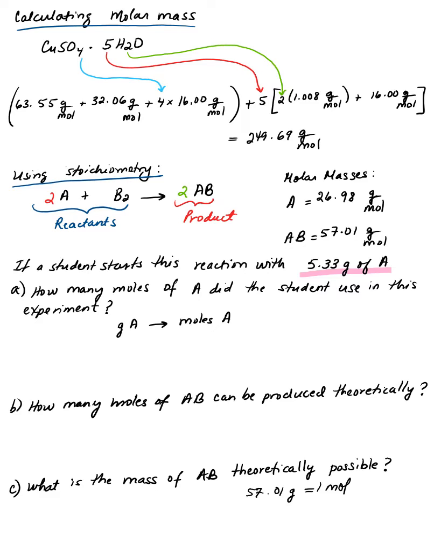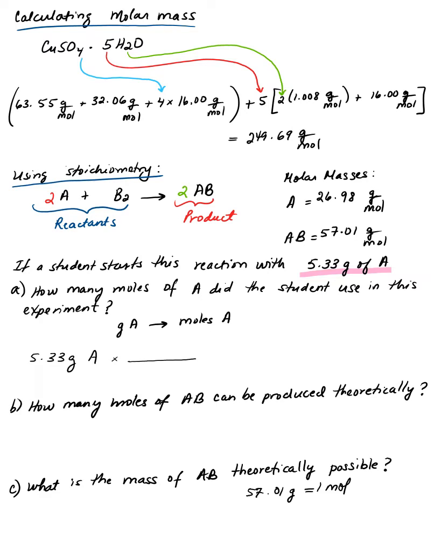there's always the same thing. We always do the same thing. Converting grams to moles means that you have to divide by the molar mass. So you have 5.33 grams of A, and you want to know the equivalent amount in moles for 5.33 grams of A. So I'm starting with the given amount, which is what I have highlighted in pink, 5.33 grams of A, and you want to know how many moles that is.